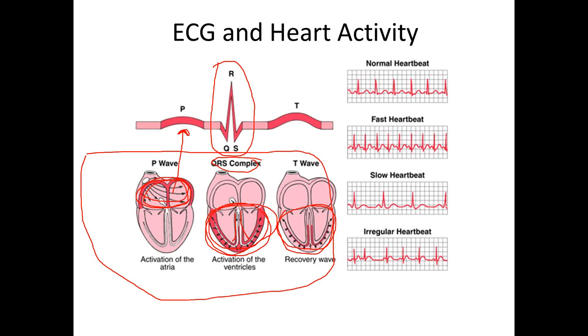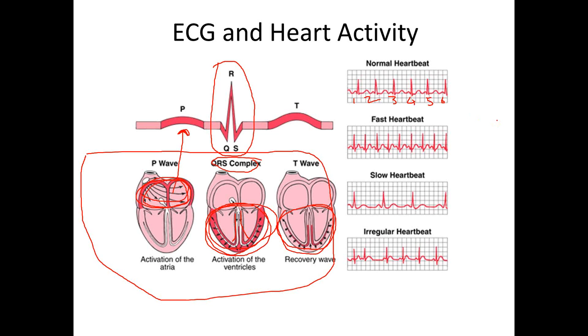And then finally we get this T wave, which is an electrical recovery event, showing you that things are going back to normal. When you look at a normal heartbeat, you get chains of this different type of activity.